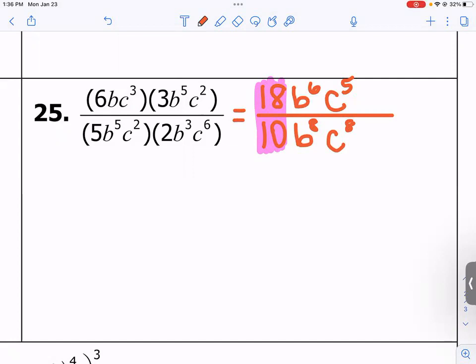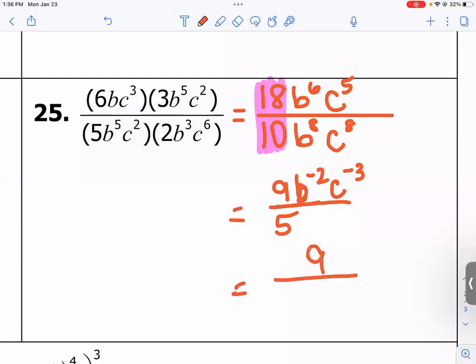So how about 9 over 5? And then we have b to the negative 2nd and c to the negative 3rd. If I take 6 minus 8, I get negative 2. If I take 5 minus 8, I get negative 3. So I'm going to rewrite this as 9 over 5 b squared and c cubed. They need to be pushed down to the denominator, and their negative exponents become positive.